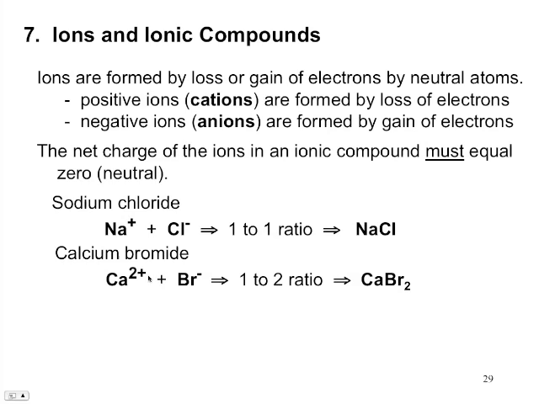That is, if we add up the charges, +2 plus -1 plus -1, we get 0. So the simplest whole number ratio in which we can write the formula to make the charges add up to 0 is a 1:2 ratio.